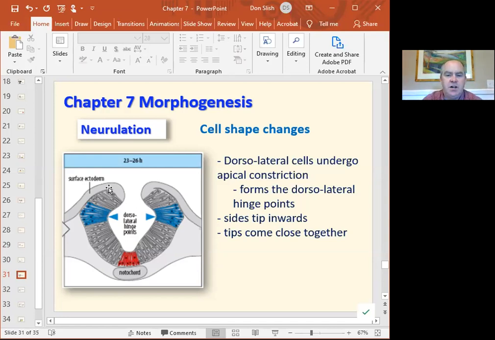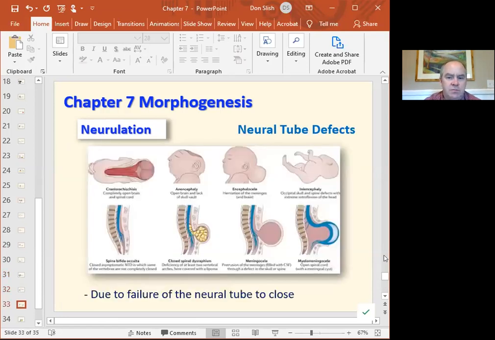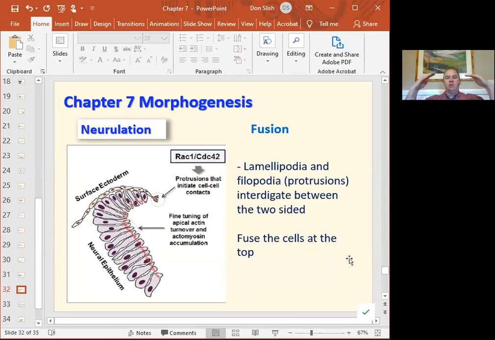And then once it touches, they interdigitate with each other, and then they let go. Once they do interdigitate like that, the surface ectoderm stops expressing the cadherins that were attaching them to the neural tissue, and they start expressing E-cadherin, E meaning epidermal.